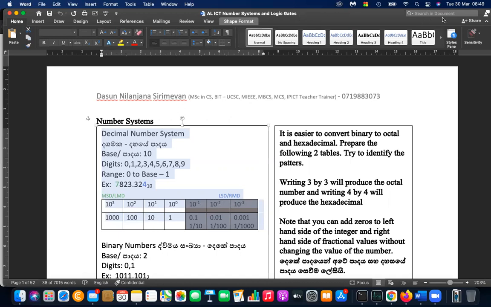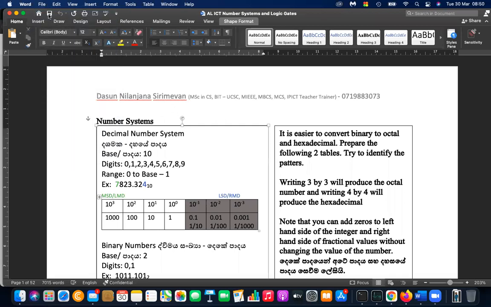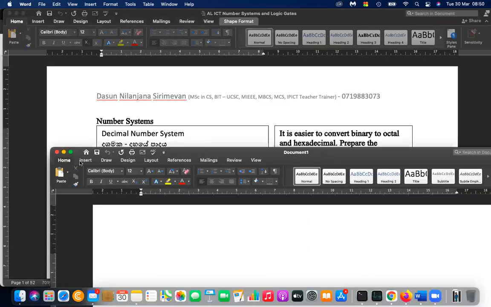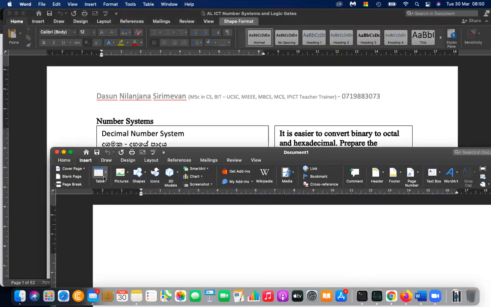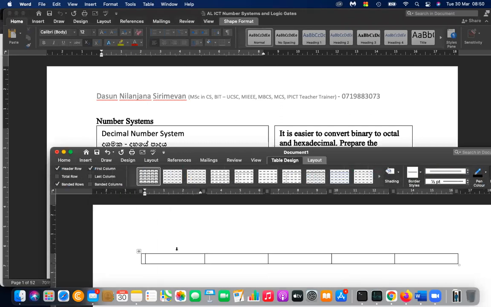I'll give you 3 minutes. Write this as a table. There are 6 columns. The first one is number system.